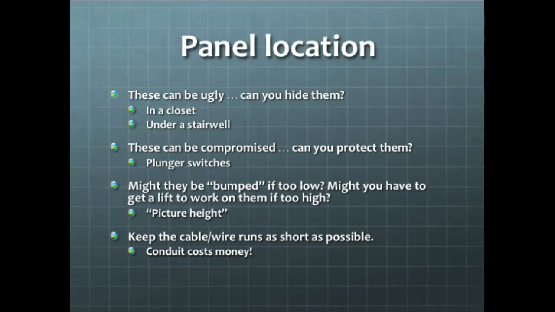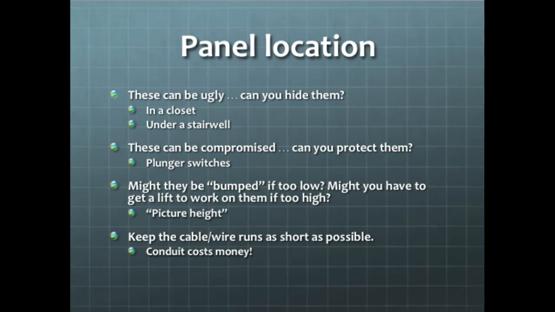They could get bumped if they're too low, and you need a lift if they're too high. Picture height is best. And in fact, if you have the bottom of the panel at ADA height, now it is not impossible, because they're not all that tall, it's not impossible for someone in a wheelchair to potentially work on it, nor is it a strain for someone who's working on it to have to go down too low and they can't see where they're connecting things, because if you ever tried to work on something on the floor, it's not comfortable to do.